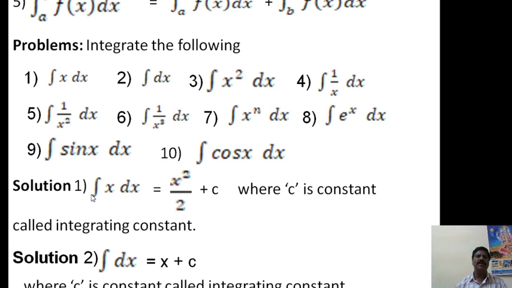Now we have to find the solution for each problem. The first problem is the integration of x dx.